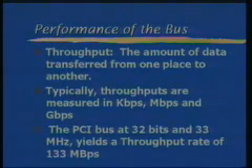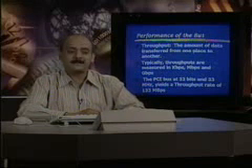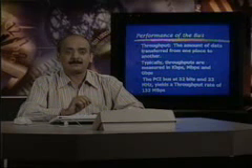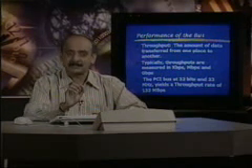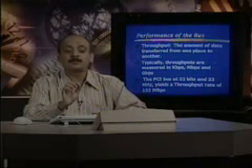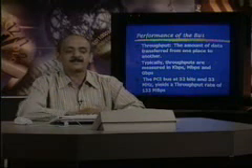Typically, throughputs are measured in kbps and mbps, and the PCI bus for which we were giving the example, suppose it is implemented as a 32-bit and 33 megahertz bus, then it yields a throughput rate of 133 megabytes per second in this particular case.